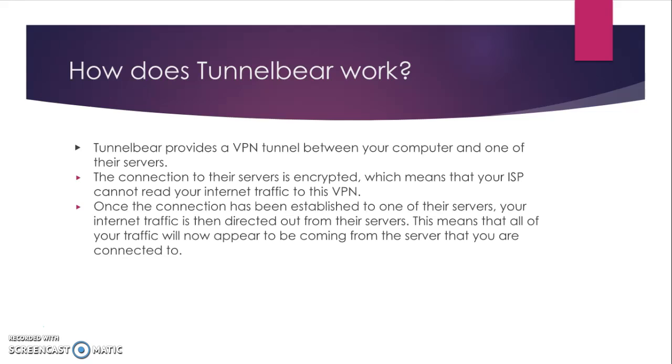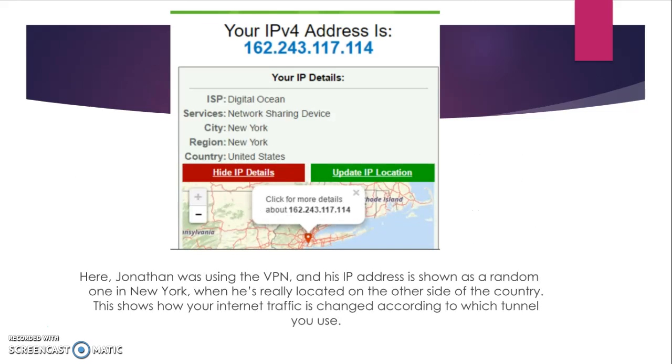And once you are connected to their servers, all your traffic will appear to be coming from their servers and not yours. So I downloaded TunnelBear, put it on my computer. I connected to the website whatsmyipaddress.com, and I did this with TunnelBear and without TunnelBear.